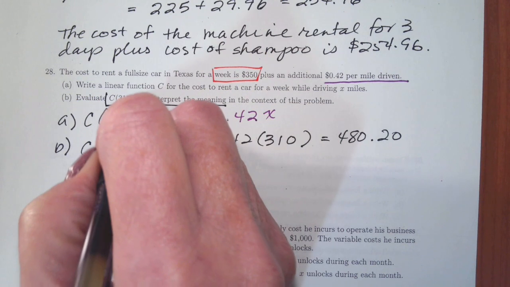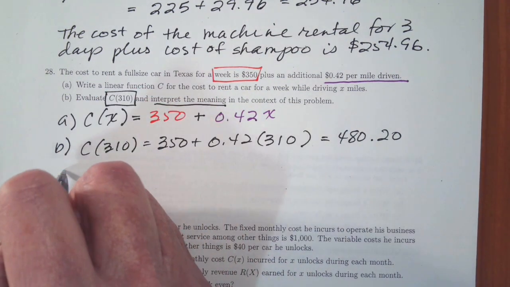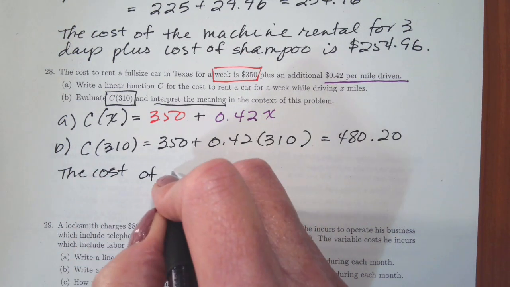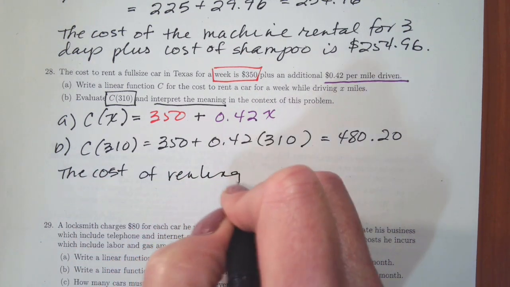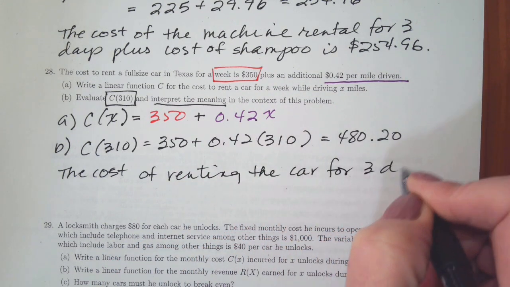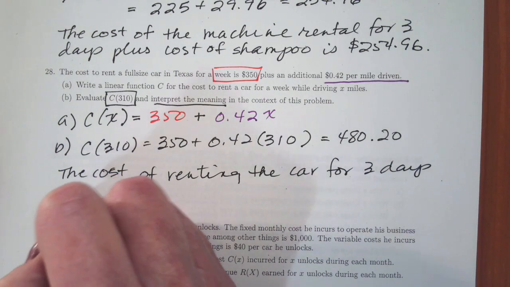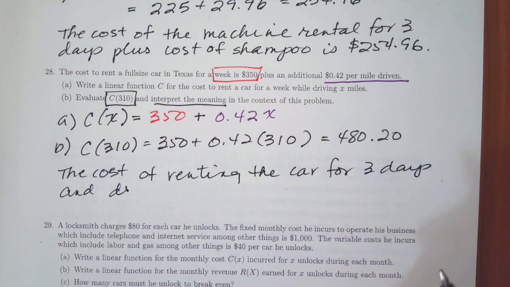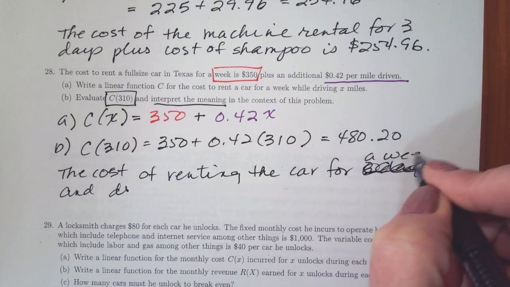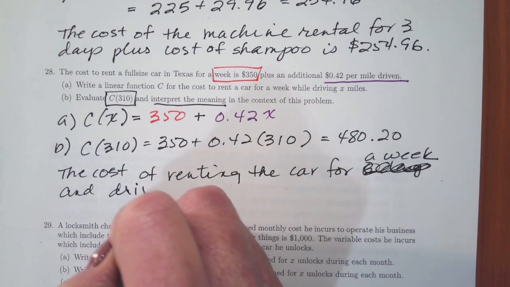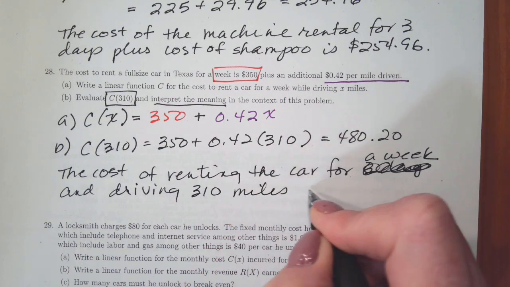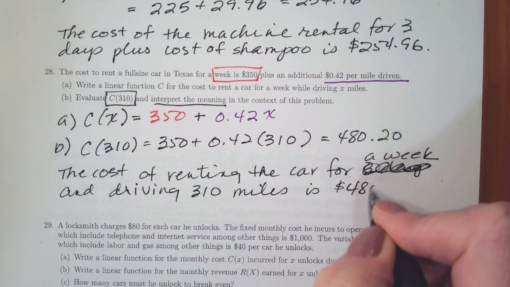So I found C of 310, the cost of renting a car for a week and driving 310 miles is $480.20.